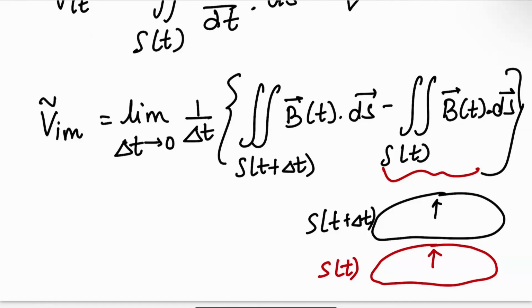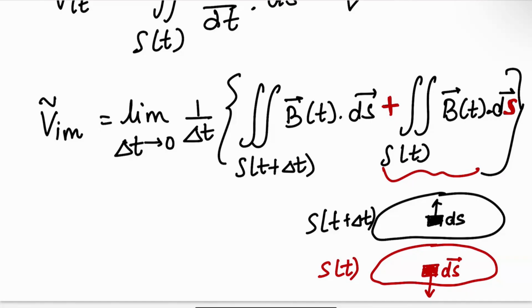So we can change the orientation of the bottom surface normal to face the other way. When we do that, this dS changes direction, which means that this becomes a plus. I'll say this is our dS on the bottom surface, and this is the dS on the top surface. It's a small patch on those surfaces.